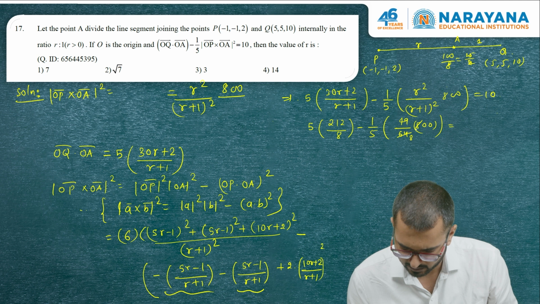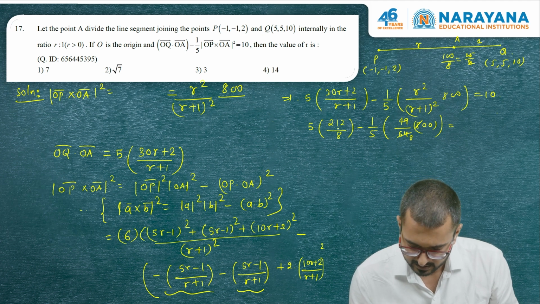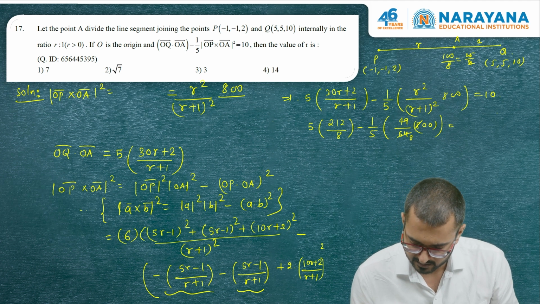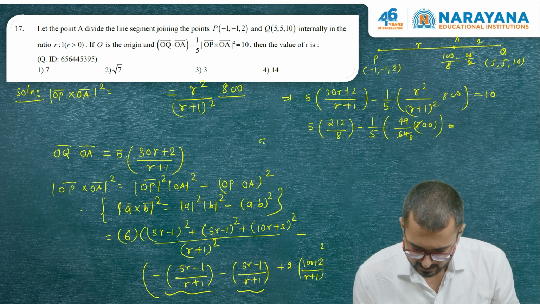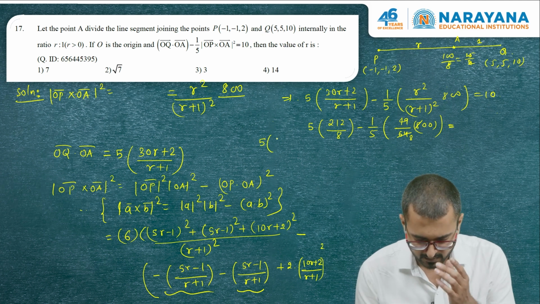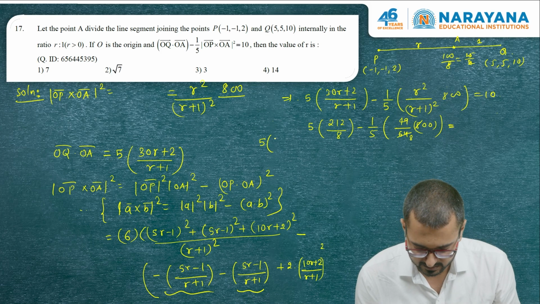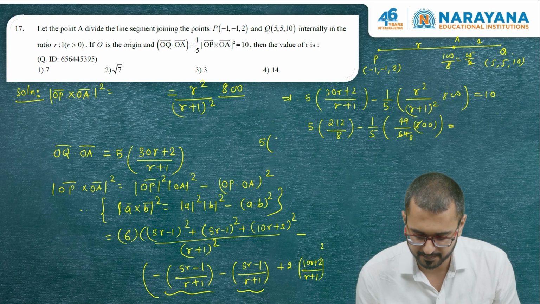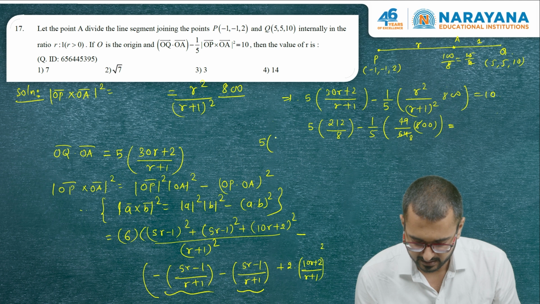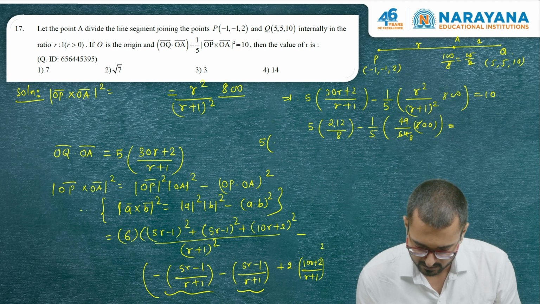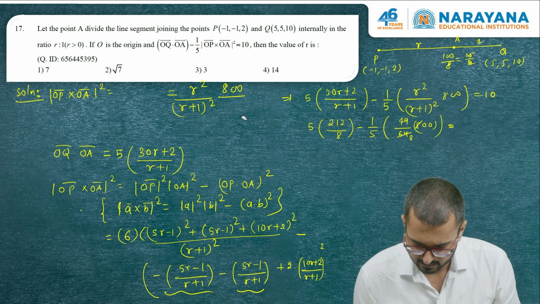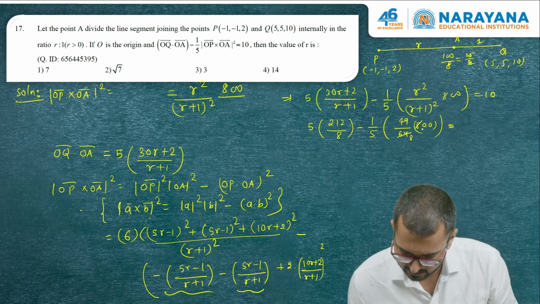So 5, and then this 212 by 8 we will cancel. So I am getting 5 into, this is giving me how much? 212 means 106 over 4. So 5 and then 212 by 8, so this is giving me how much total? So this is basically 100 over 2.